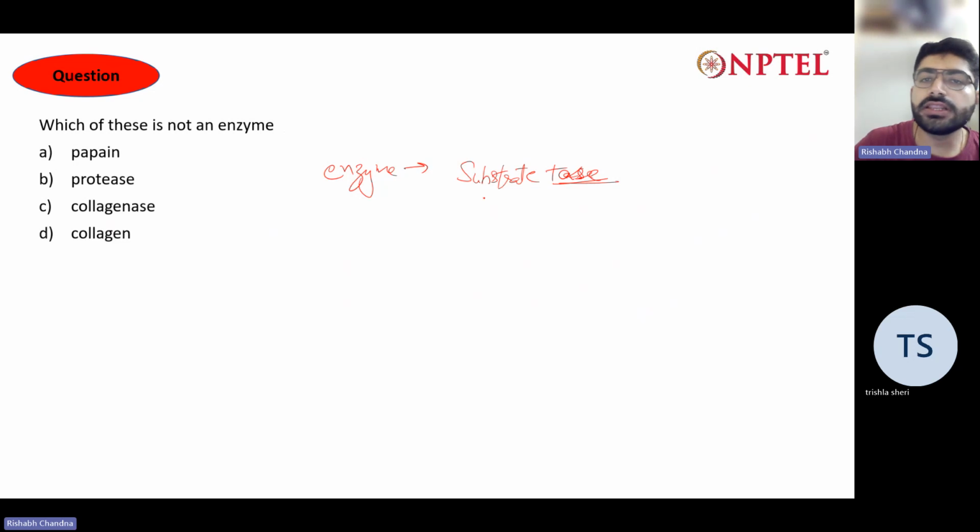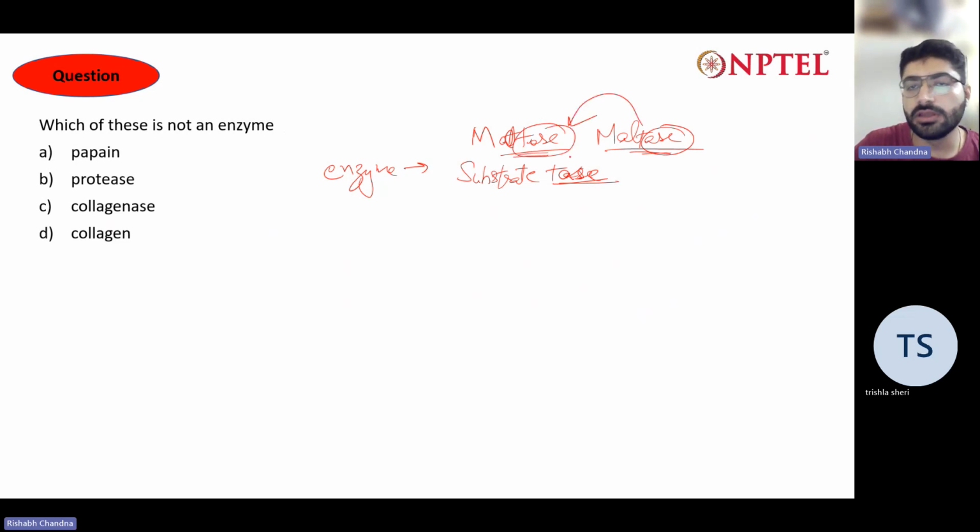For example, if there is a substrate called maltose, the enzyme that acts on it is maltase. So this gives the enzyme name and the sugar that this enzyme is acting upon. This is one form of naming an enzyme. All the glycolysis enzymes that we see are named in this respect only.